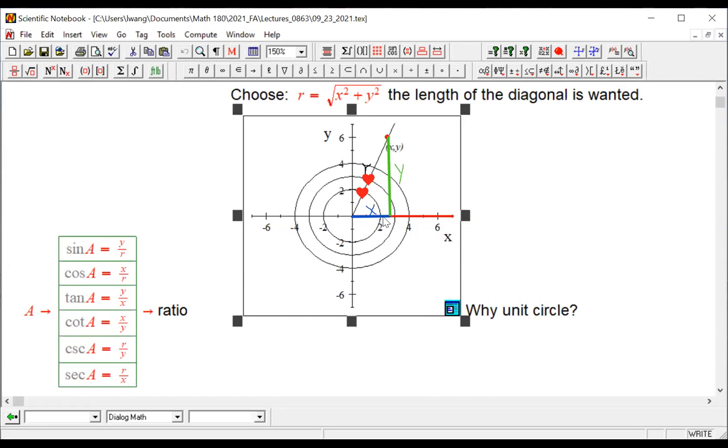I can draw all these circles, and I pick my points on the circles. And of course, those are x, y. I'm doing the ratios: y over r, x over r, y over x, x over y, r over y, r over x. I'm doing all of these ratios. What will happen? Do you guys understand what I'm doing here?